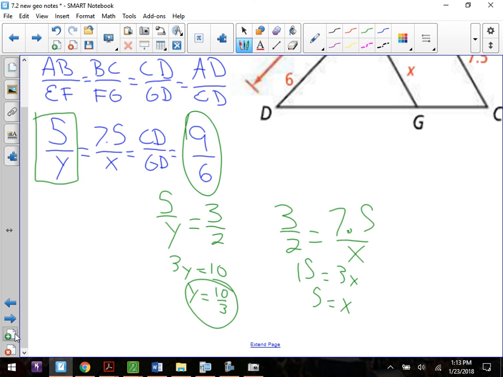But what happens if your answer winds up being 2.5? What's wrong with saying 2.5 versus 5 over 2? You have to trust me on the whole fraction thing because as you go further in math, the fractions keep showing up. There really is a time and place for decimals.